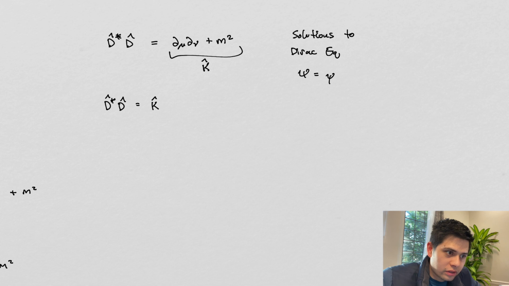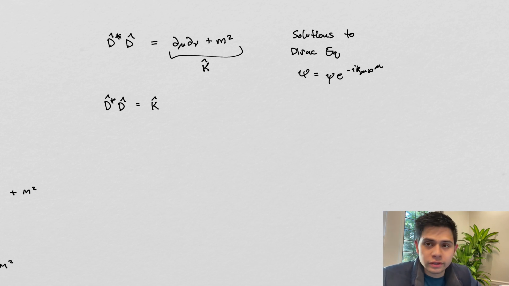we had some label on these things, e to the minus i k mu x mu. And what I said earlier is that I thought I wanted to do this over Patreon, but I'm going to go ahead and just actually do it here.